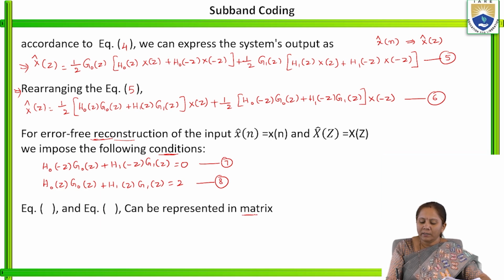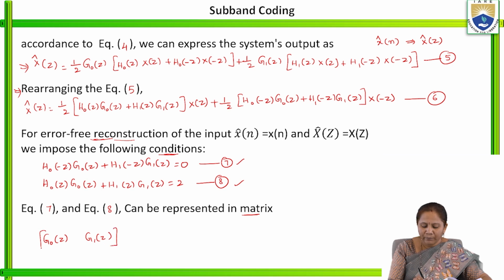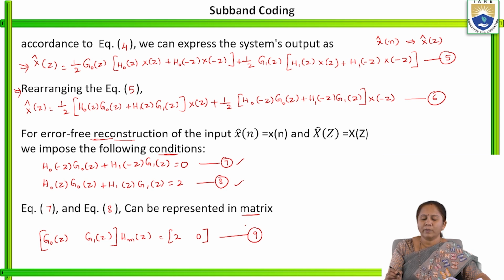It can be represented in the form of a matrix. So equation 7 and equation 8 can be represented in matrix form. So let us represent it now. Here G naught of Z, G1 of Z, into HM of Z is equal to 2, 0. So this is how we represent it in terms of a matrix, and consider the equation number as 9.